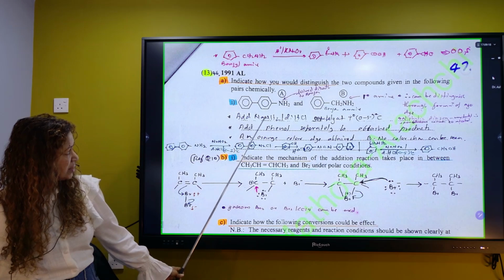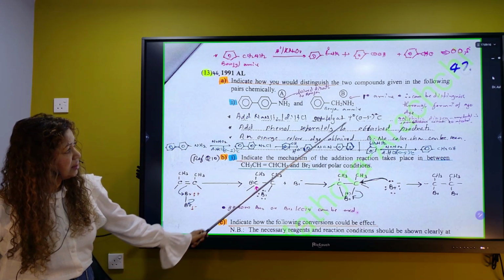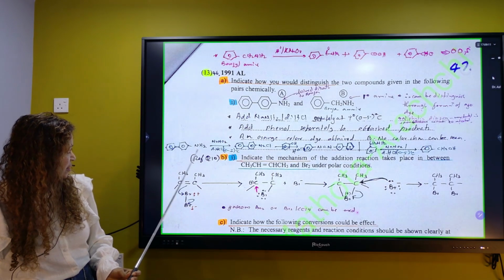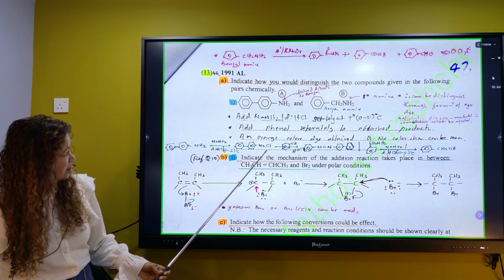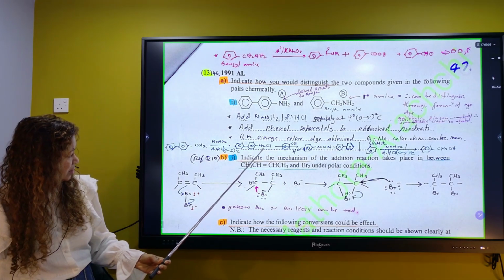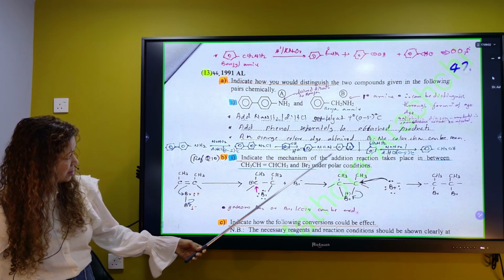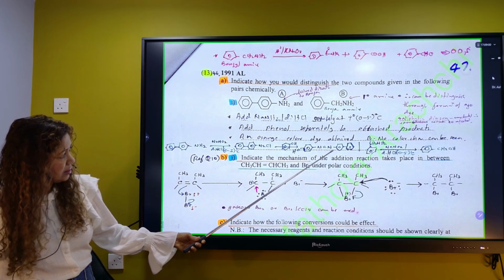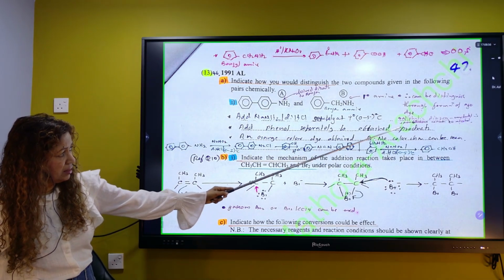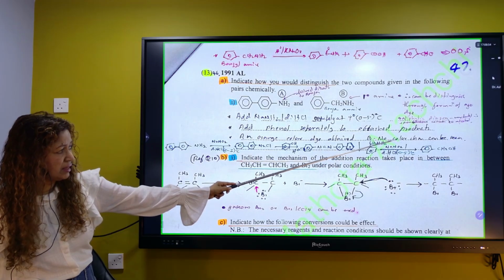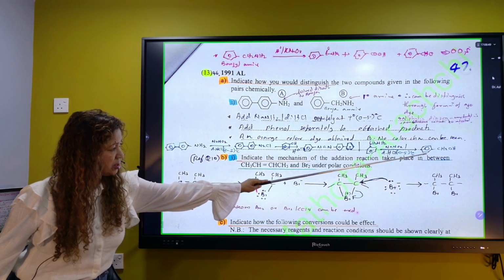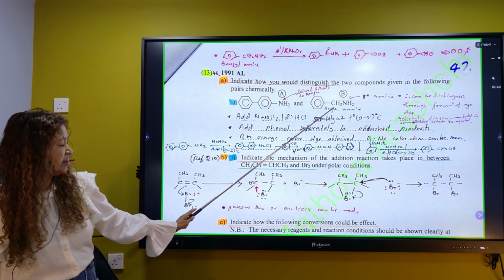Add sodium nitrite and HCl at a low temperature, 0 to 5, then NH2 becomes N2Cl. Add phenol separately to obtain products. Diazonium plus phenol makes colored compounds, an orange color dye, and for B, no color change. That's all with B.